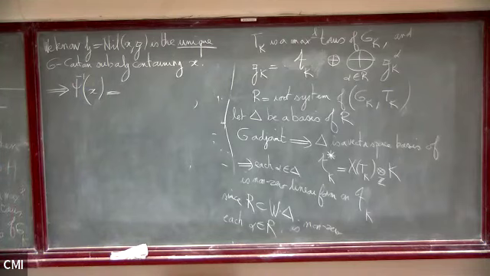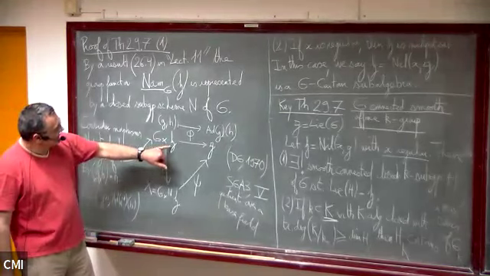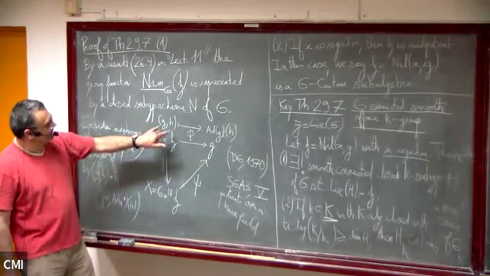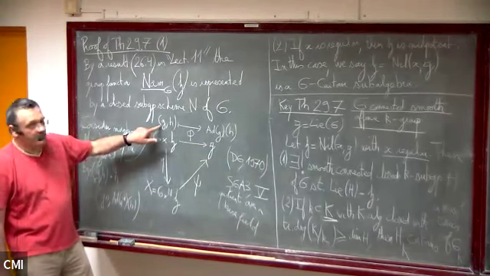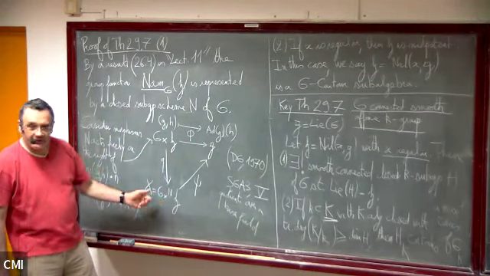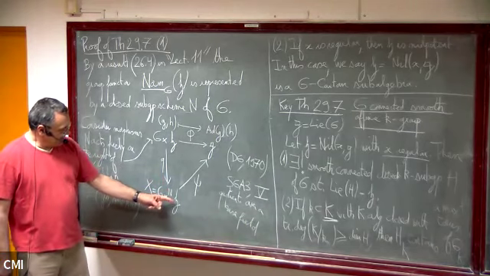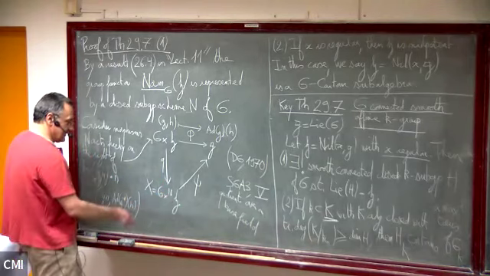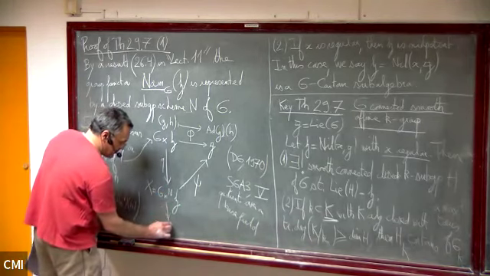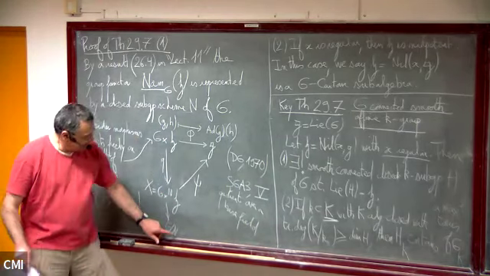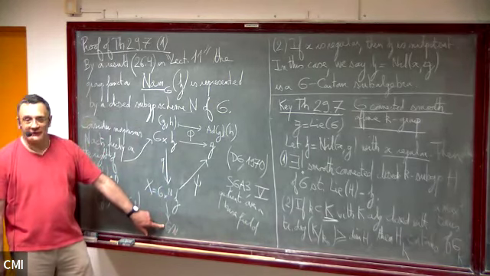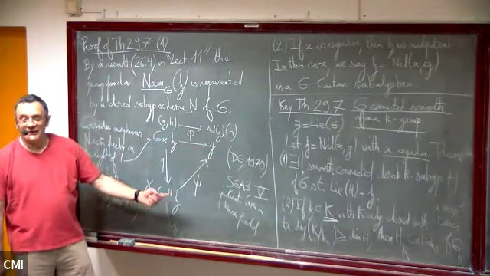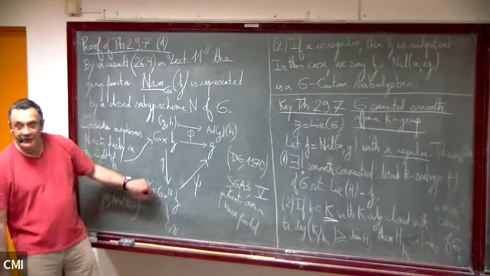Well, if X is in the image of this map, this means that X belongs to a conjugate of H by G. And if we go to the quotient, this is a fiber bundle of G over N, where N is the normalizer of H. So this is the set of conjugates of H, and the fiber is H. Since X is contained in a unique conjugate, it comes from a unique point here, and in the fiber, it's X itself.